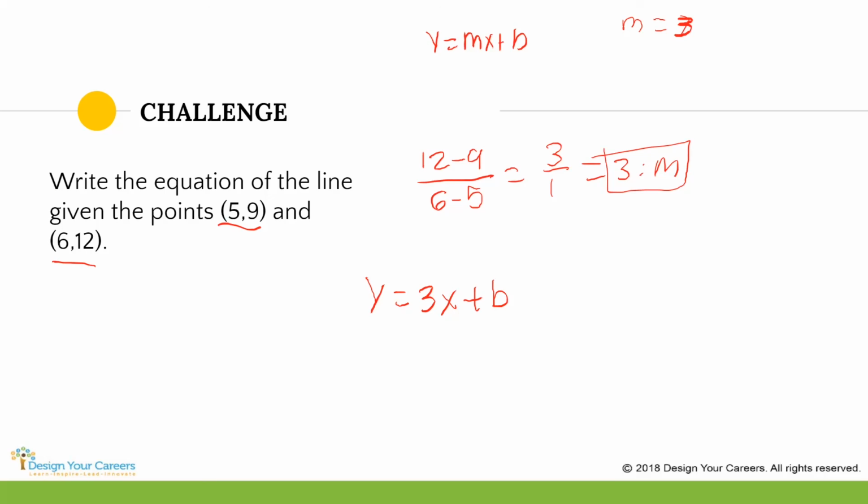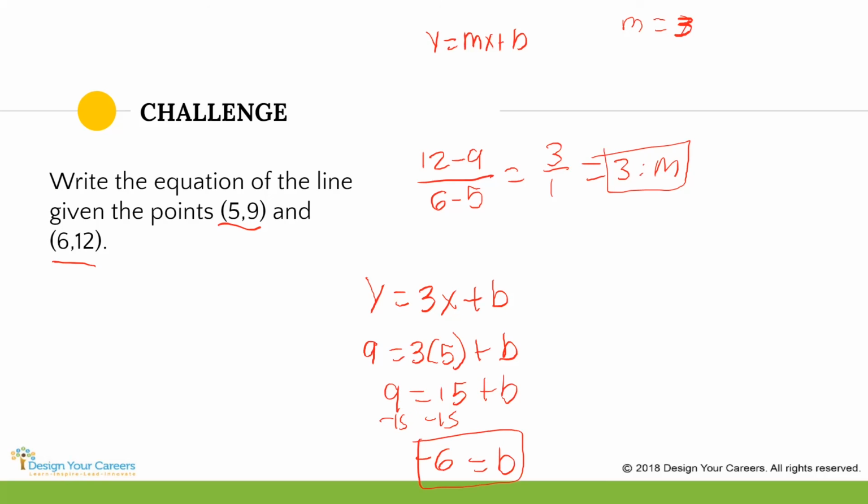I am going to plug in 5, 9. So I'm going to plug in 9 for my y value, 3 times 5 for my x value, plus b. 9 is equal to 15 plus b, minus 15 minus 15. Negative 6 is equal to b. All right, so that's my b value.